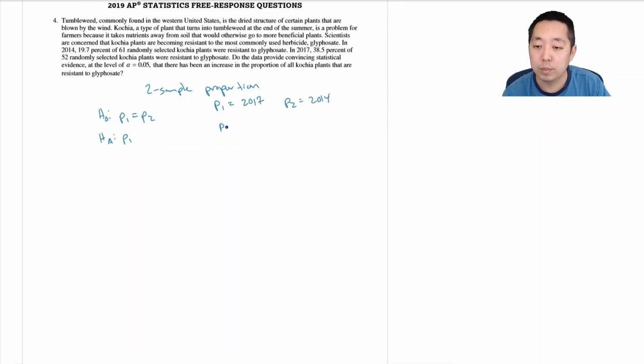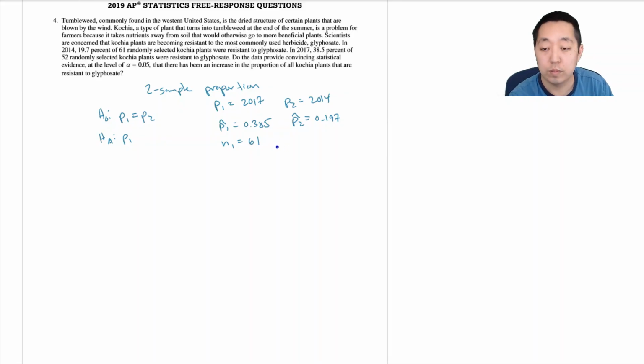So P1 hat is 0.385, P2 hat is equal to 0.197, N1 is equal to 52, and N2 is 61. Okay, and let me make sure I did that right in the solutions.